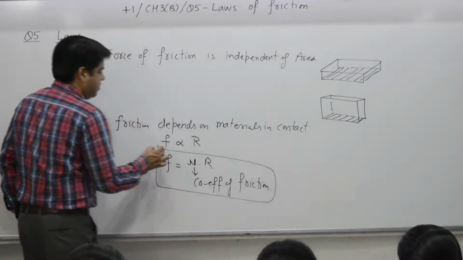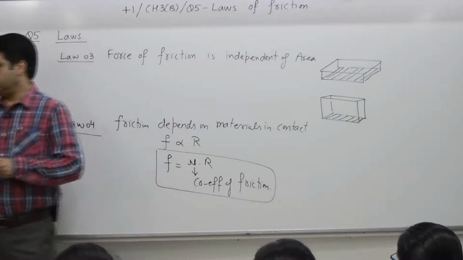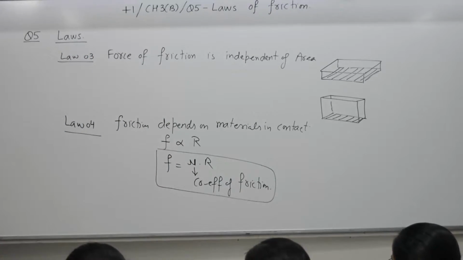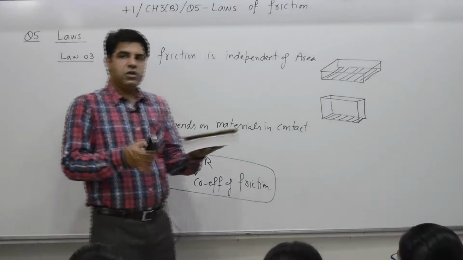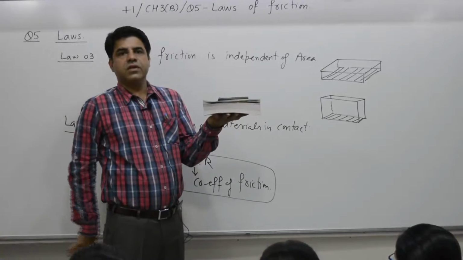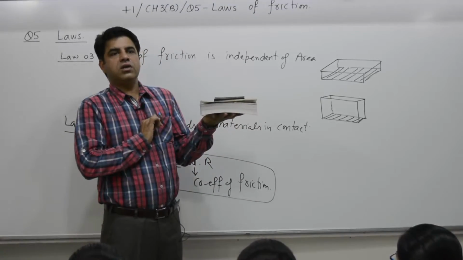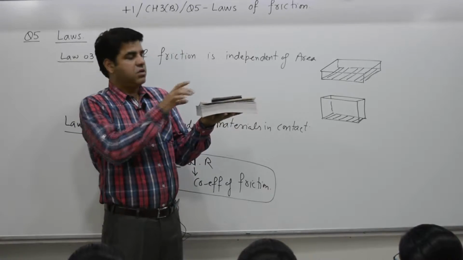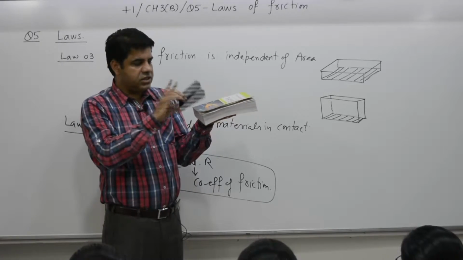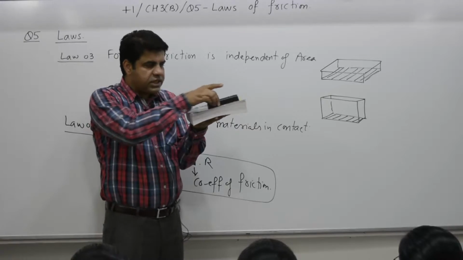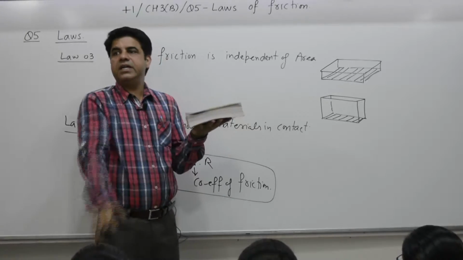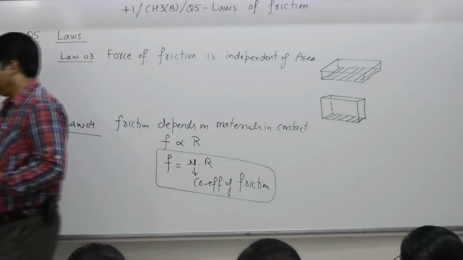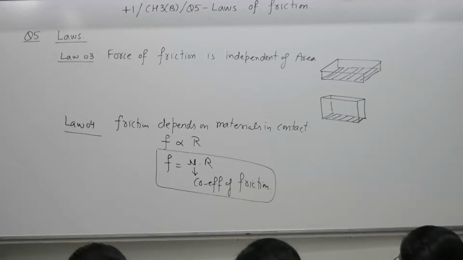So, what counts as weight, that is material 1. What is the weight of the object? This is one object, place another object. If weight is more, normal reaction will be more. Second parameter is, this is plastic, this is paper. Friction between plastic and paper is different than between, say, plastic and plastic.